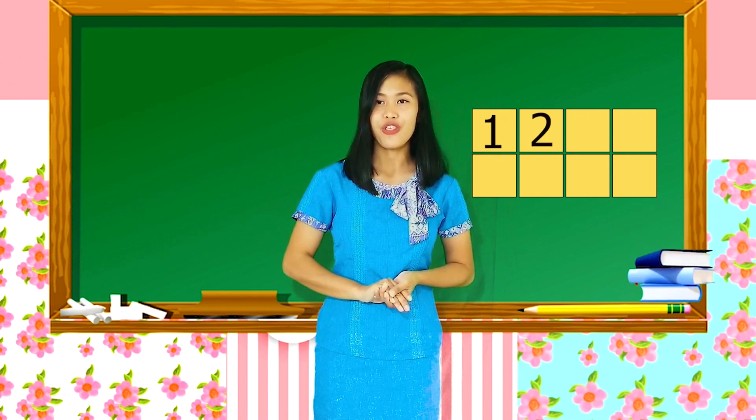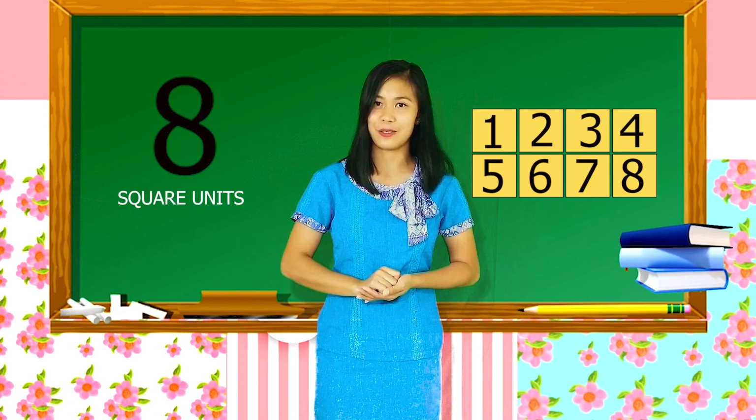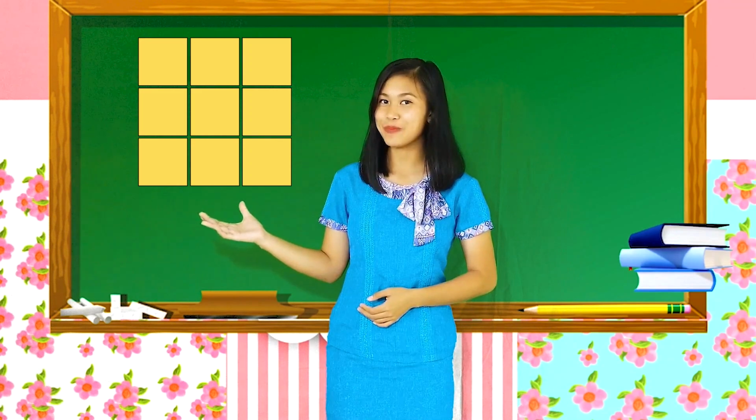What about this one? Let's count again. 1, 2, 3, 4, 5, 6, 7, 8. What is the area of this shape? Very good. 8 square units. What about this one? Can you find the area of this shape?